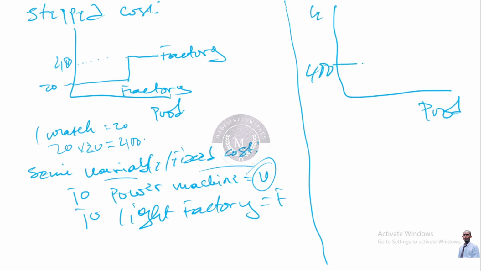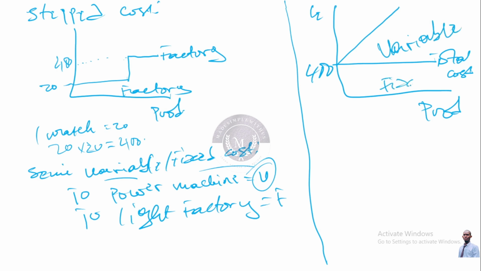So this is a fixed cost. We put total cost. Now this is the variable cost, and this is a fixed cost. So are we good? Because the more we produce, the more the level of activity we are going to reach.